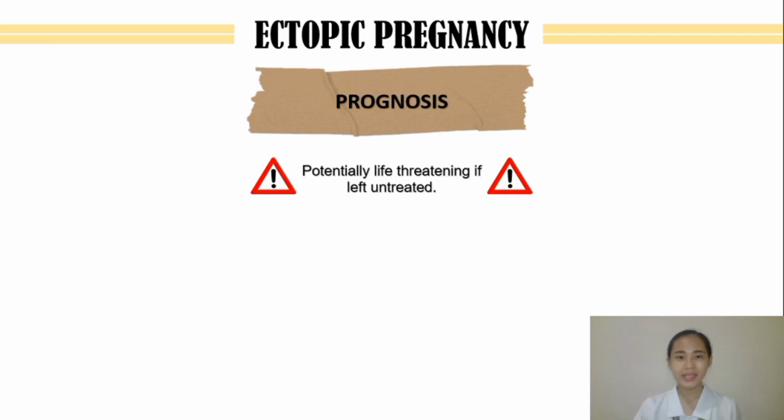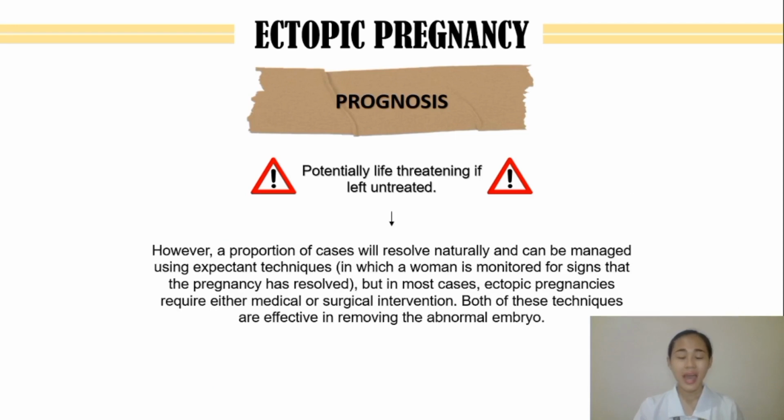Prognosis. An ectopic pregnancy is potentially life-threatening if left untreated. However, a proportion of cases will resolve naturally and can be managed using expectant techniques, in which a woman is monitored for signs that the pregnancy has resolved. But in most cases, ectopic pregnancies require either medical or surgical intervention.